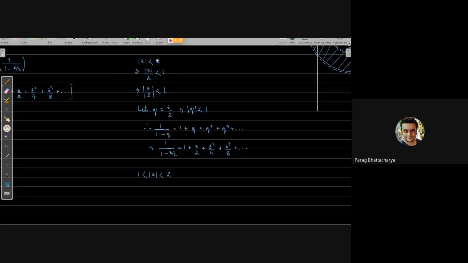You can guess, right? Which condition do we use? We'll use 1 less than z. Okay, this is the condition that we'll use. Now 1 less than z, 1 you take it on this side, z you bring it on this side.